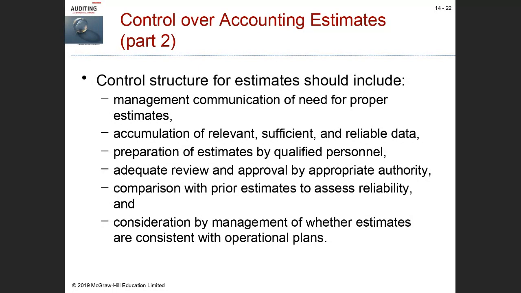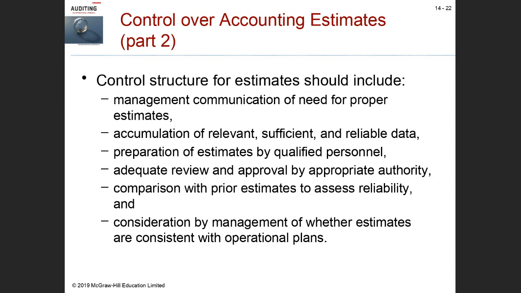We should have qualified people preparing the estimates. So if we're going to have someone do a calculation of future income taxes, it should be someone who's done that calculation before, an experienced person, rather than perhaps just someone learning about it for the first time. Someone learning about it for the first time is more prone to make mistakes.